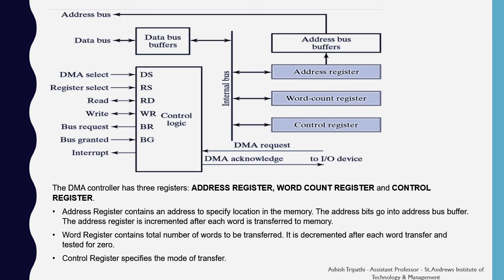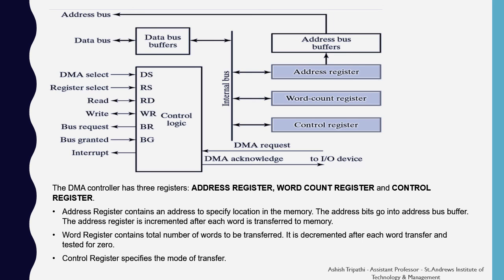It is being supplied by the CPU initially, and after each exchange of the word, the DMA increments its address register. Word count register contains the total number of words to be transferred. It is decremented after each word transfer and tested for zero. So how many words to transfer from the input output device?